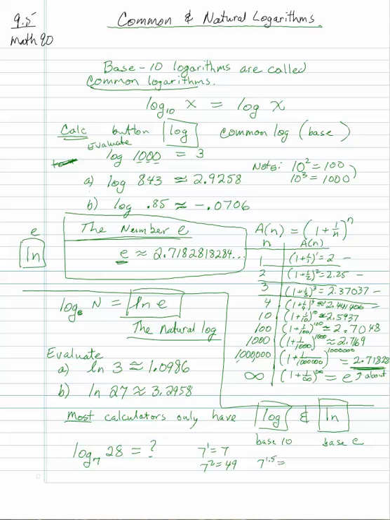Punch that in my calculator, and that's 18.52. Then I can try 7 to the 1.6, since we want it to be bigger. That's 22, we're getting there. Now obviously we don't want to do that, so there's something called the change of base formula.